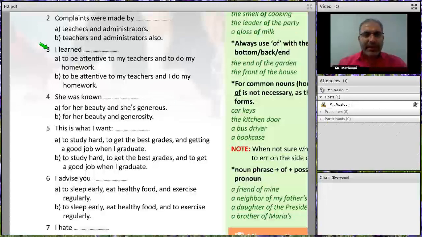So, the parallel structures are infinitive phrases. But here, if you look at B, to be attentive to my teachers, well, this is an infinitive phrase. But after that, and I do my homework, this is a sentence. This can't be our answer, everyone, because the structures are not parallel in B.